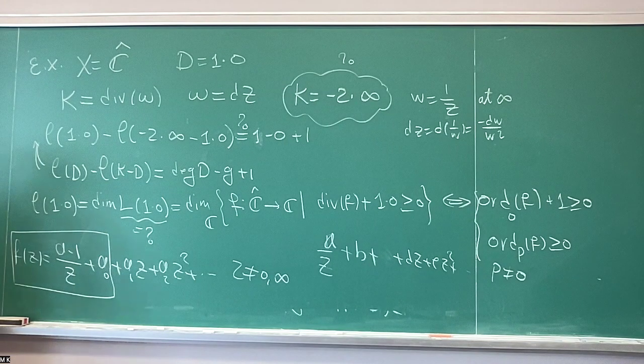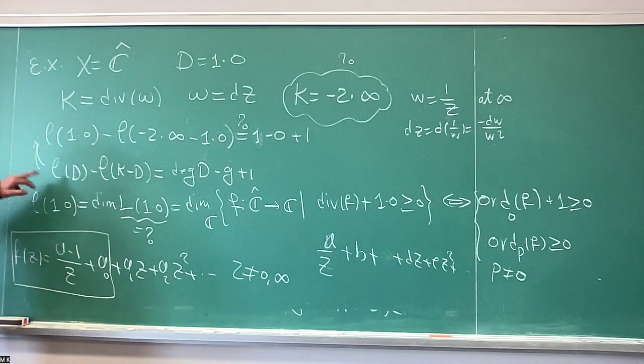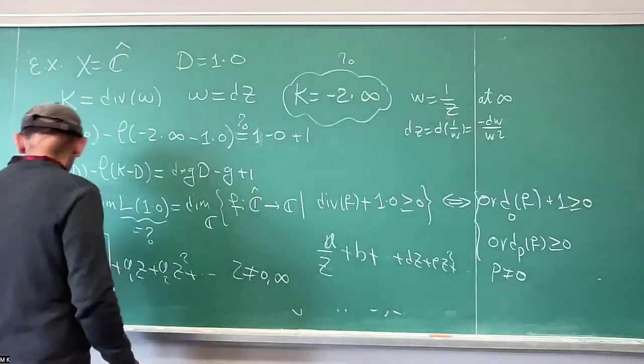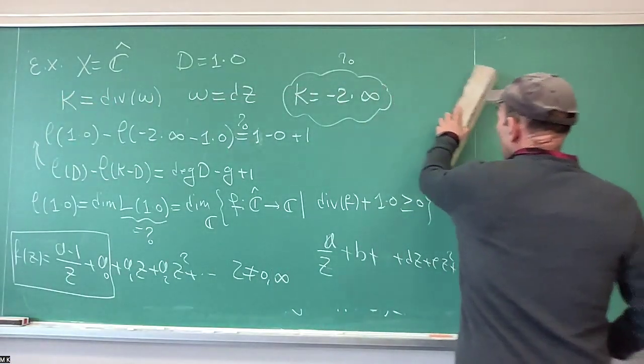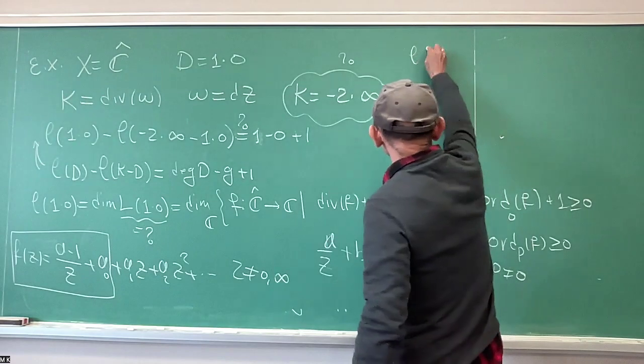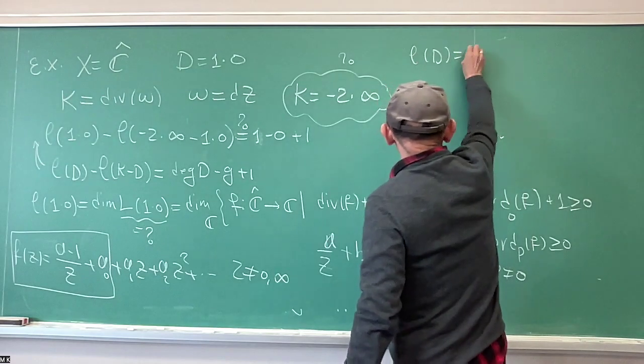Okay. So we have to be very careful now, go slowly. This means that we are deciding the dimension of this capital L, or in fact, we are saying that L of D is 2. Okay, so let me write it here. L of D in this case is equal to 2.